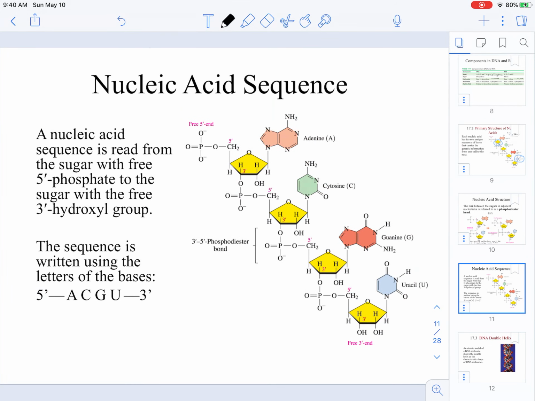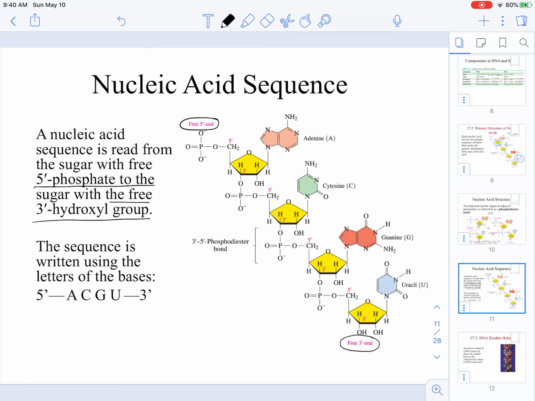Now, when it comes to the sequence itself in this primary structure for a nucleic acid, understand that we are going to be writing it from the 5' phosphate to the free 3' hydroxyl group. So as you can see, this is the 5' end, and this is the 3' end.